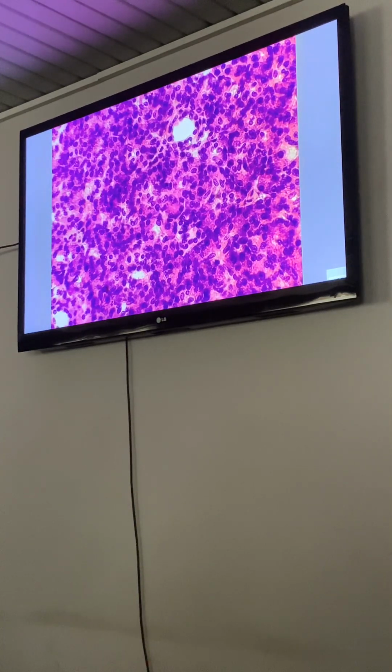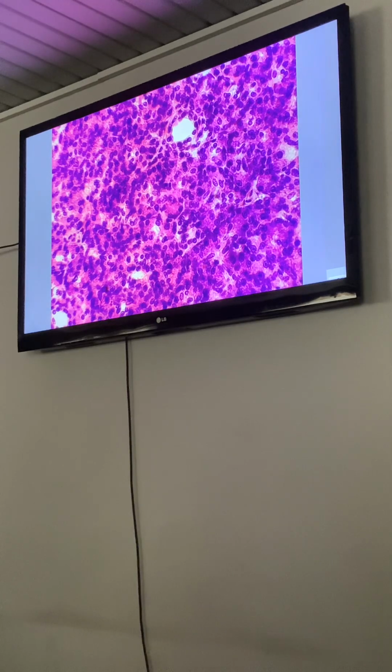This duct is called intralobular duct. Intralobular duct. This is the exocrine portion, serous acini, and this is the intralobular duct.